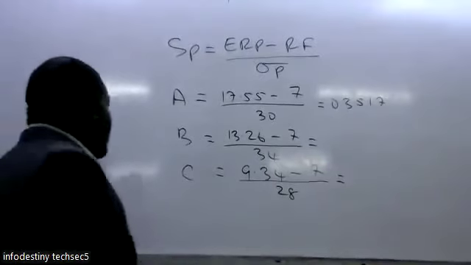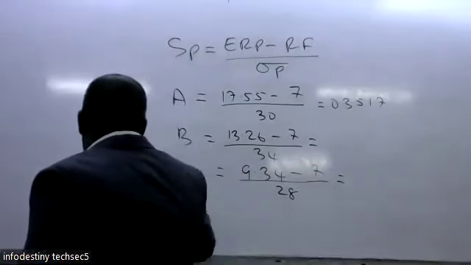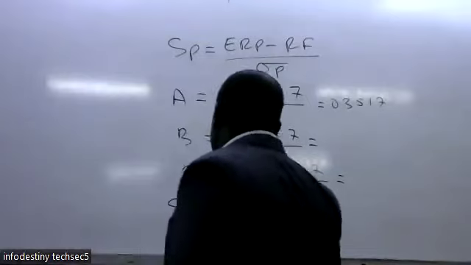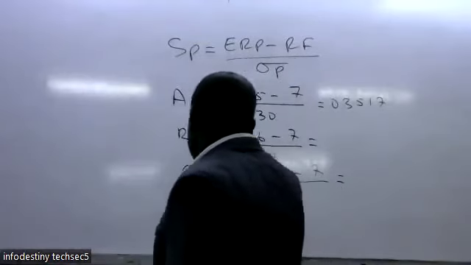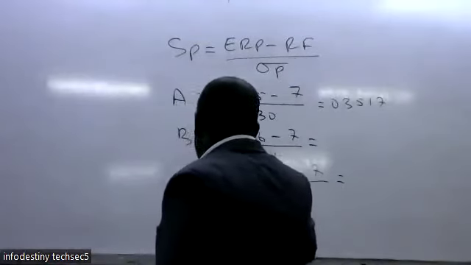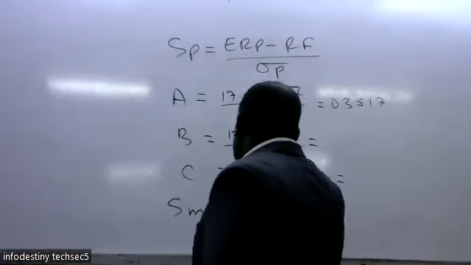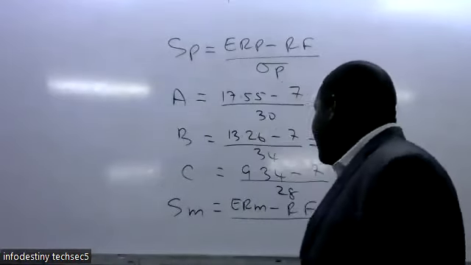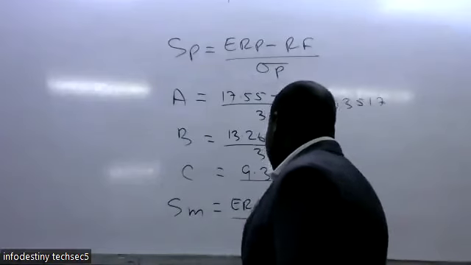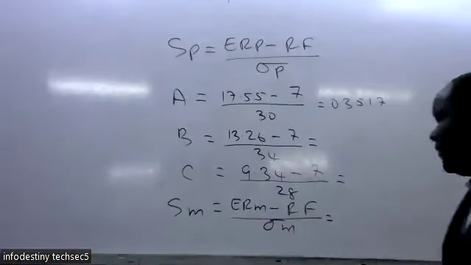For the market, remember the Sharpe for the market, you simply take expected return of the market minus the risk-free rate, divide by the standard deviation for the market.